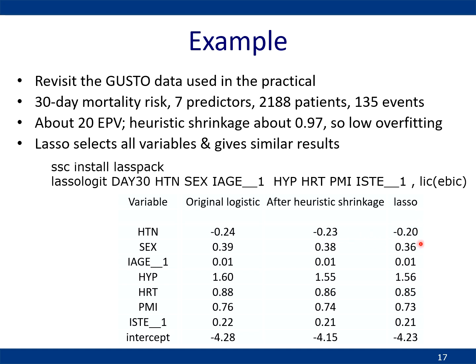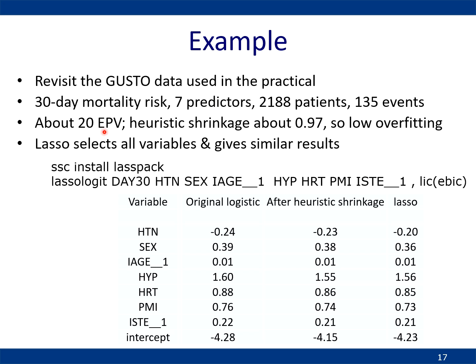Minus 0.23, minus 0.20, 0.38, 0.36, 0.01, 0.01, 1.55, 1.56, etc. So whether we've used a heuristic shrinkage, which applies the same shrinkage factor to all the betas, or whether we've used the Lasso approach, we get very, very similar results.